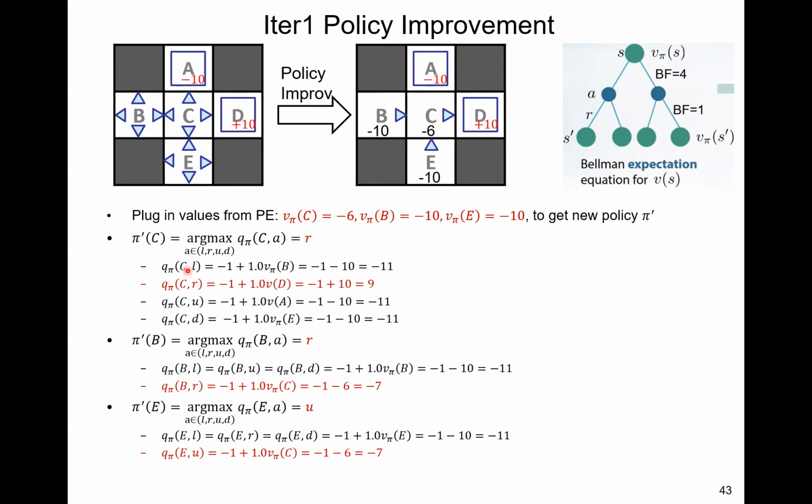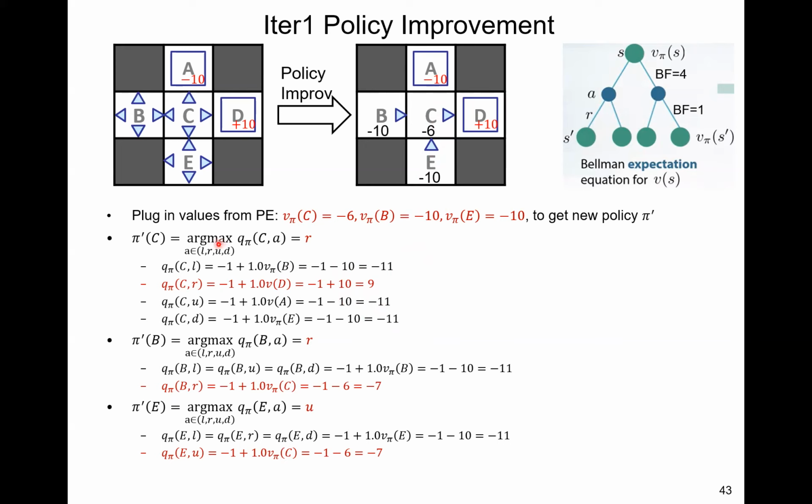If you take action left, you go into state B, so you get a total value of -11. If you go right, you go into state D and get a total value of 9. Similarly for up, which is -11, and down, which is -11.